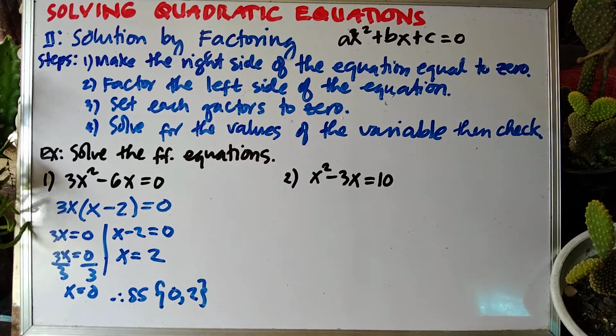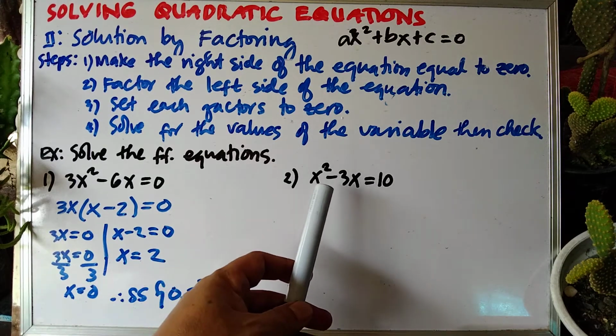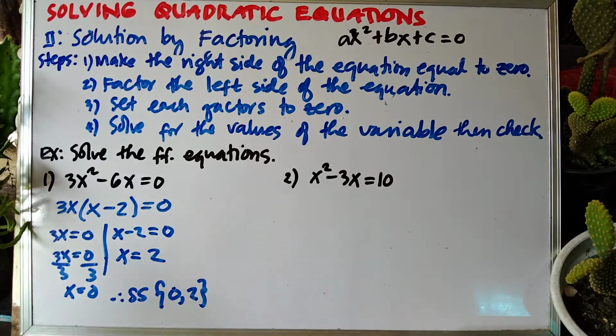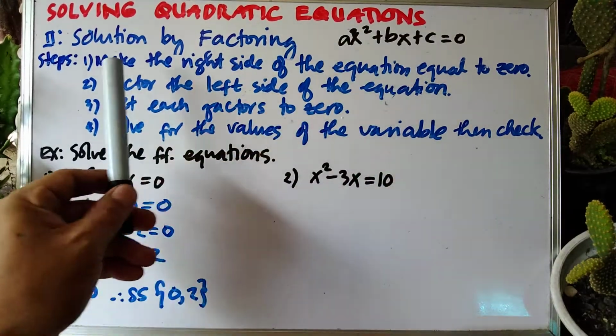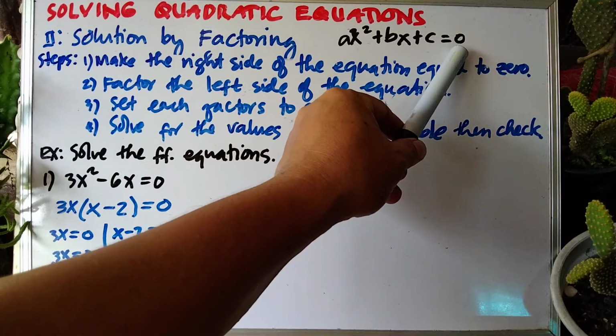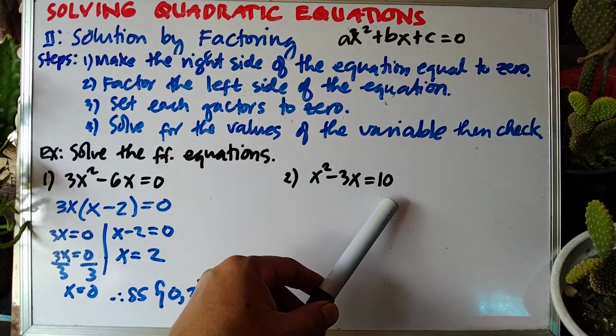Now let's move on to number 2. You are given x squared minus 3x is equal to 10. So ano ba ang gagawin natin dito? Dapat sa equation masulat natin to its standard form. Meaning, in step 1, dapat 0 yung right side. So dito may 10 sa right side eh.